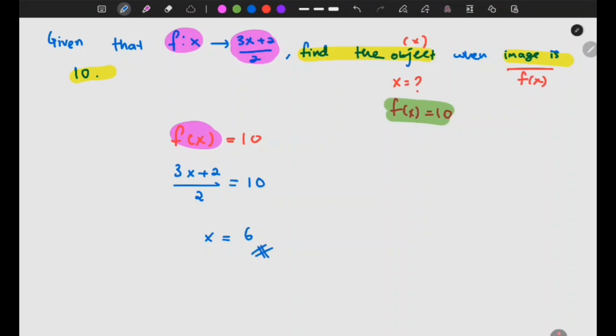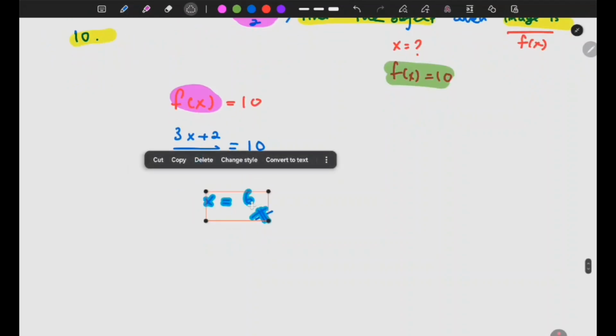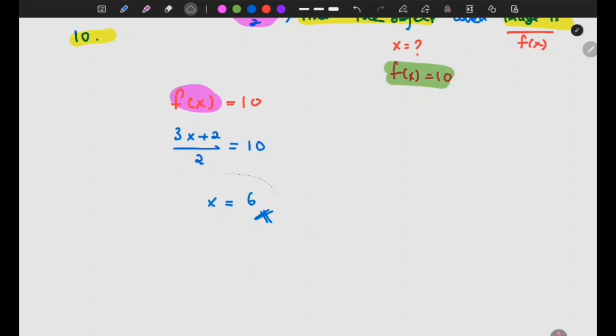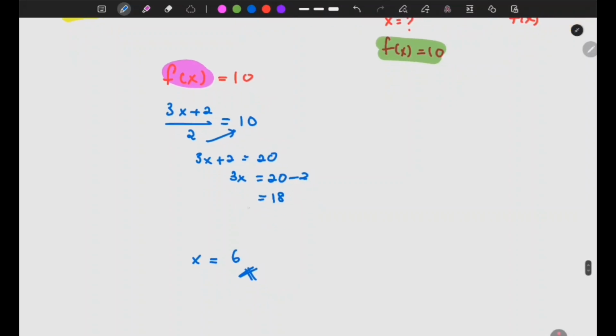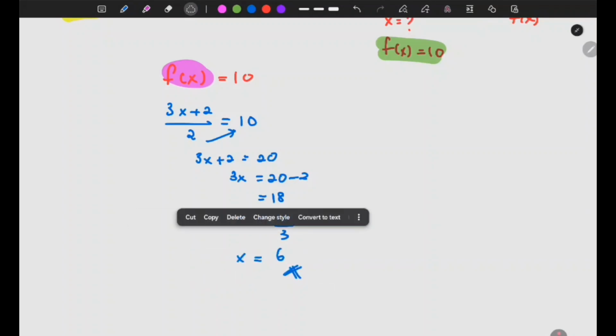But maybe I should show, I'm scared that you can't get it. 10 times 2 is 20, then the plus 2 brought here, minus 2, so it becomes 18. Then x equals 18 divided by 3, and you get 6. This is the mathematical way.